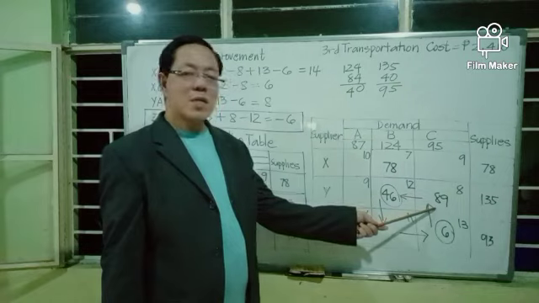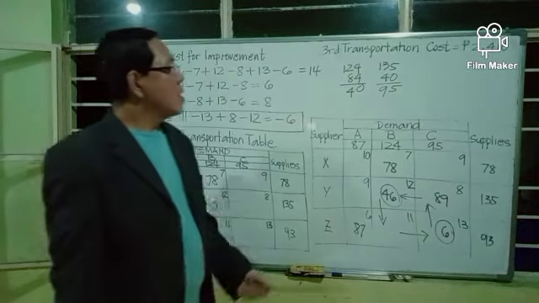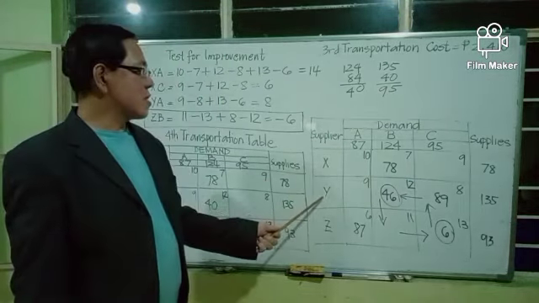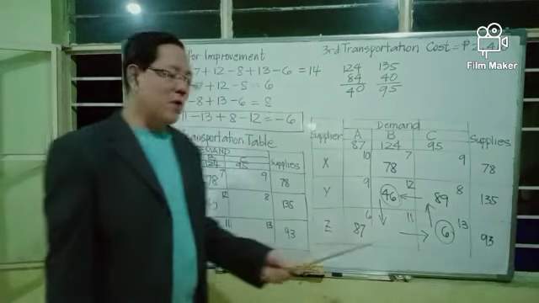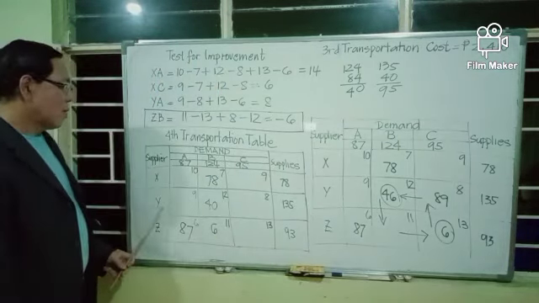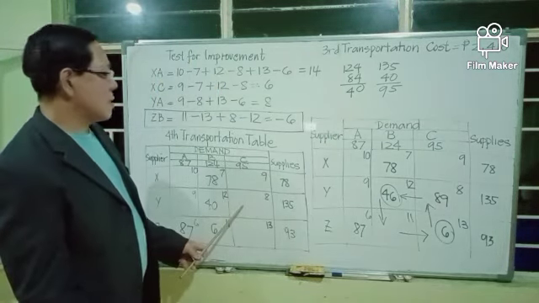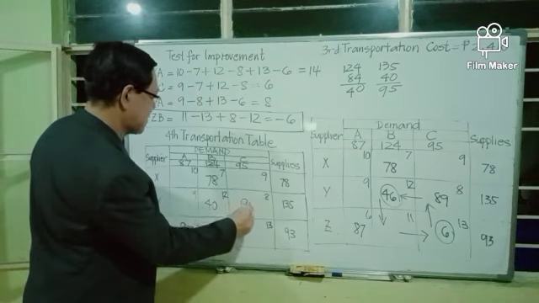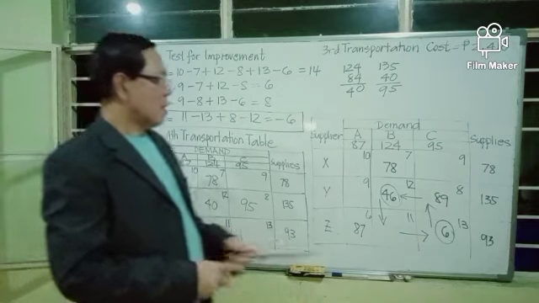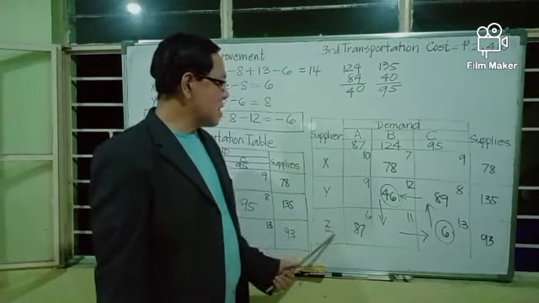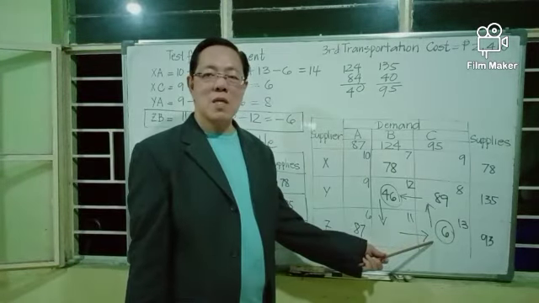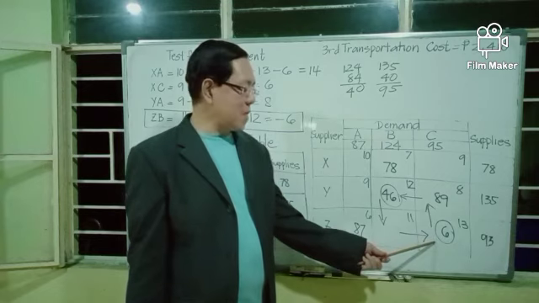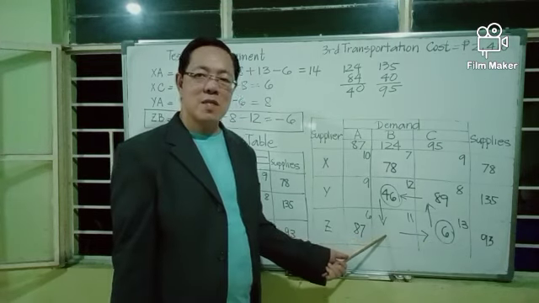So 89 now will change to 95 for the cell YC in the fourth transportation table. YC is 95. And this cell ZC will now be 0 or vacant or empty because we transferred 6 units in this vacant cell CB.